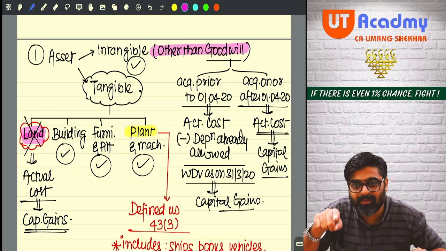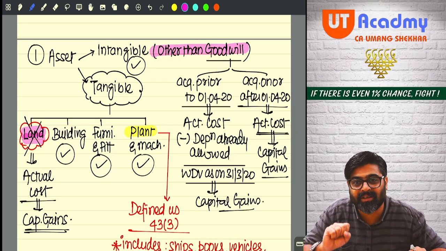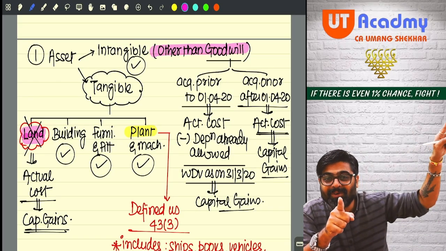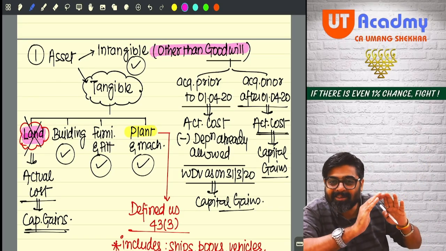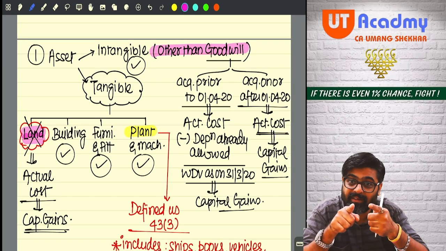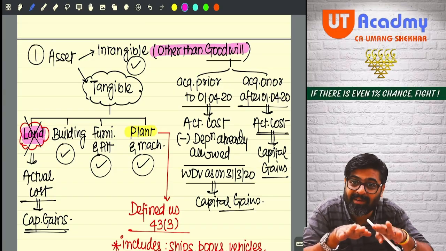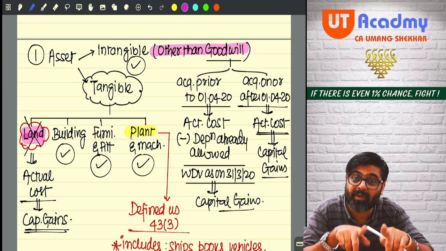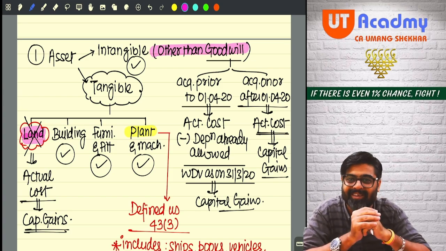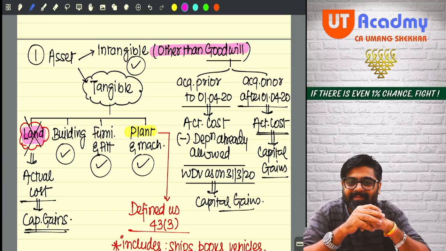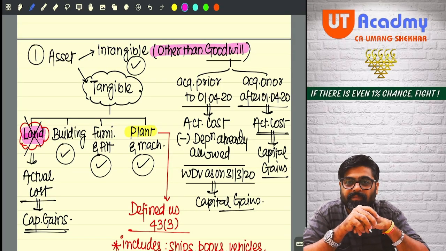So that cost should be allowed as a deduction from the business income only. Hence these assets will not go to capital gain. These assets will remain here only. Even if they are capital assets, they will remain under the PGBP head only. Their cost will be allowed as a deduction from the income of the business only, because this cost is incurred to earn business income. Got it?